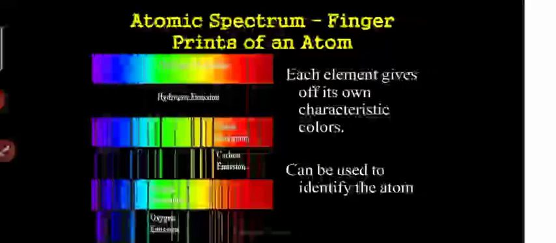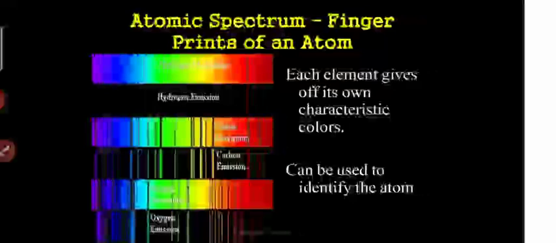Atomic spectra are nothing but the fingerprints of an atom, because I have told you many times that every element in the periodic table has a unique atomic spectrum, like every human being has a unique fingerprint.